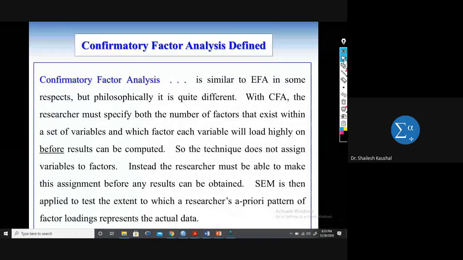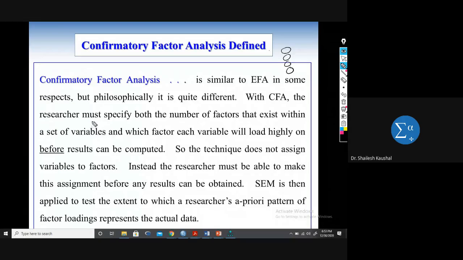It means in advance we decide that we will take four factors like factor 1, factor 2, factor 3, factor 4, and each factor has four or five variables.